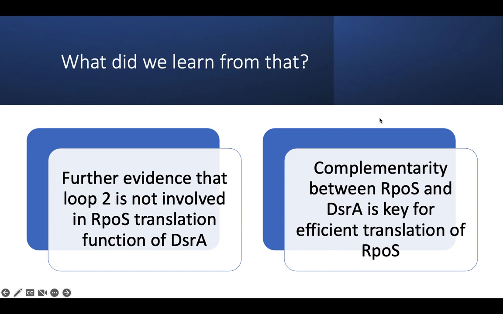So, what did we learn from all that? We got further evidence that loop 2 is not involved in the rpoS translation function. And furthermore, we've really cemented that complementarity between rpoS and DsrA is key for the efficient translation of rpoS.